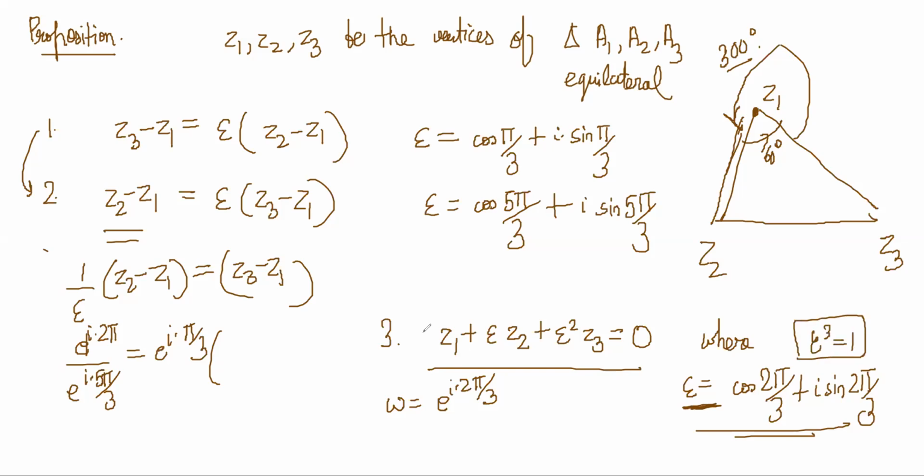So what he is saying is, in any equilateral triangle, if Z1, Z2, Z3 are the coordinates, then you can say Z1 plus epsilon into Z2 plus epsilon square into Z3 is 0, where this epsilon is the cube root of unity, right?